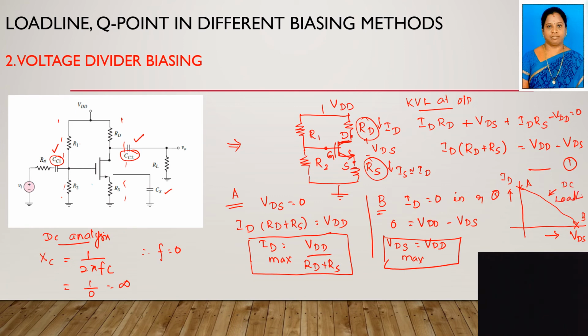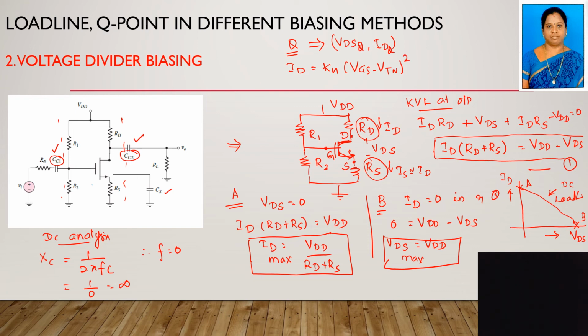Similarly, how to locate the Q point? You have to take the same equation 1. The Q point is VDSQ as well as IDQ. So how to find ID? The general formula is ID equals Kn into VGS minus VTN the whole square.